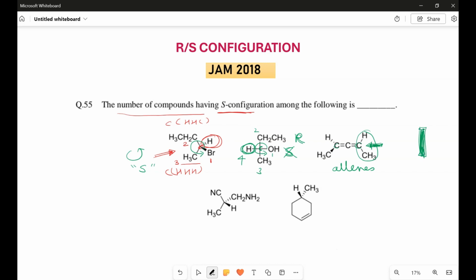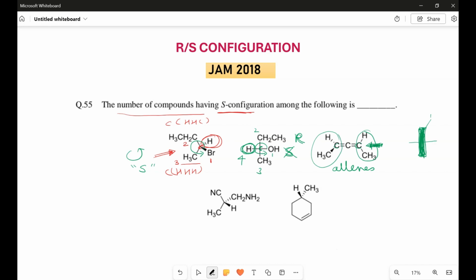When I put a thick line, that shows this is the position I'm viewing from. So they are the first point of view, and they become the near groups for me and will be given priority first. It is not like the priority given for a chiral carbon in a regular substrate. It is slightly different. And now these groups become far away.